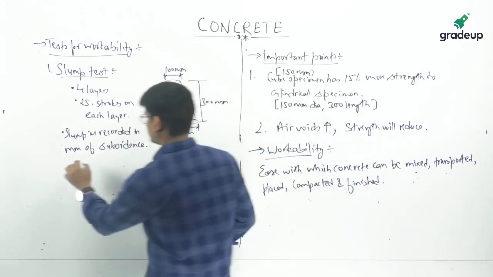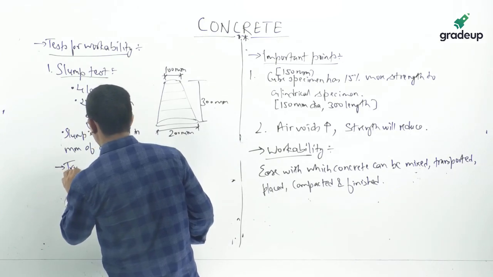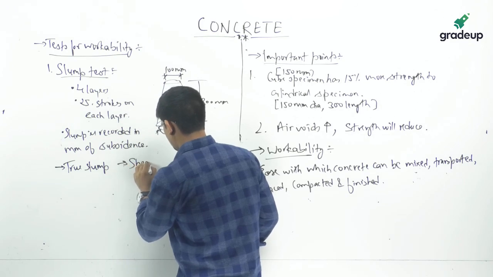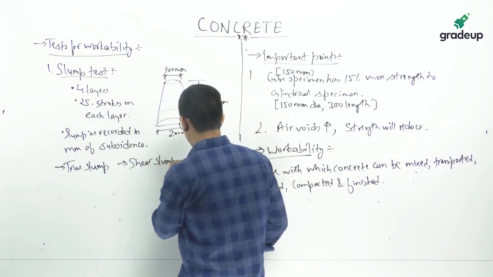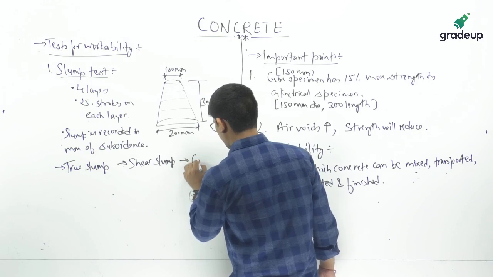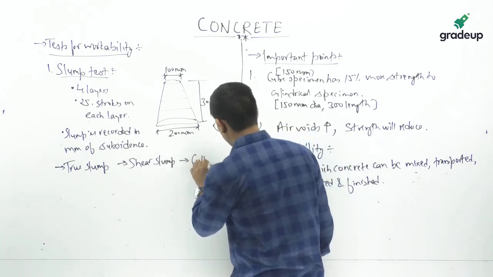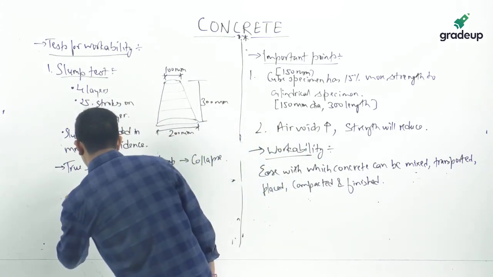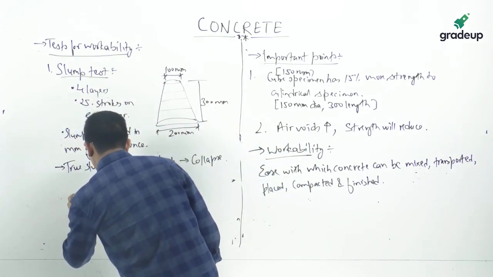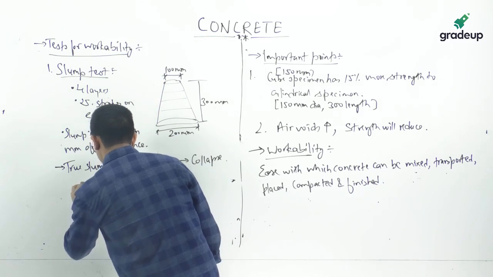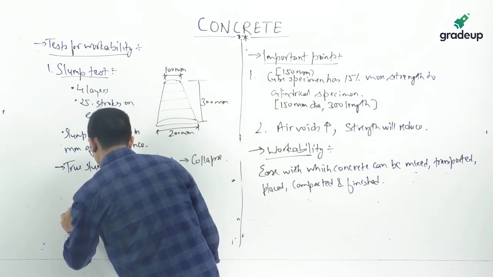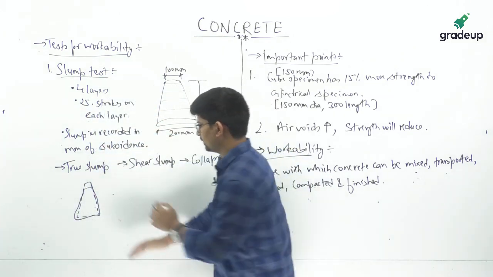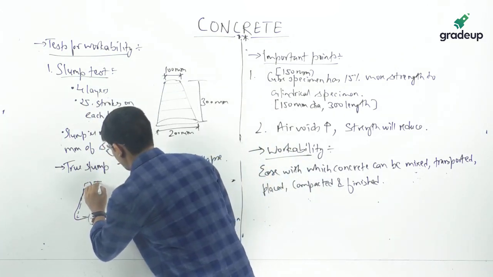Now there are three types of slump which can occur: true slump, shear slump, and the third one is collapse. True slump happens when you have removed the cone and the concrete, originally like this, just subsides by some distance vertically.